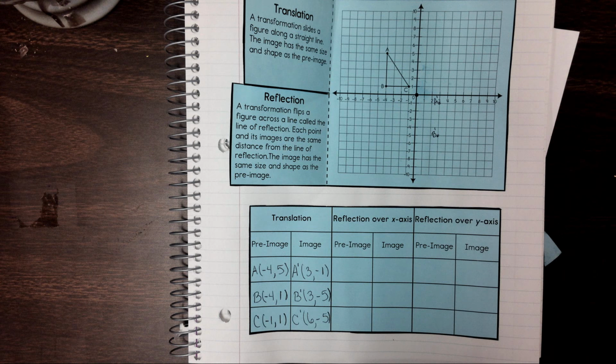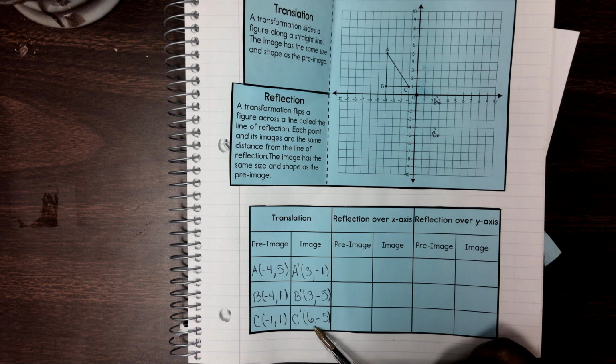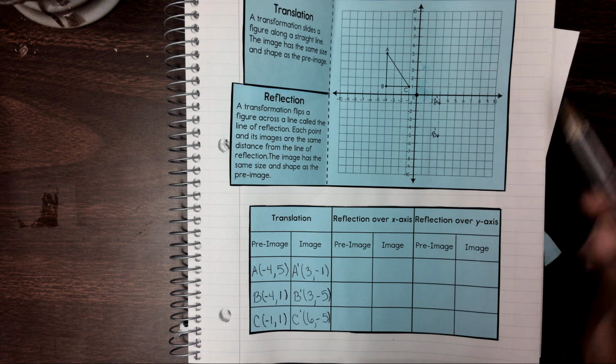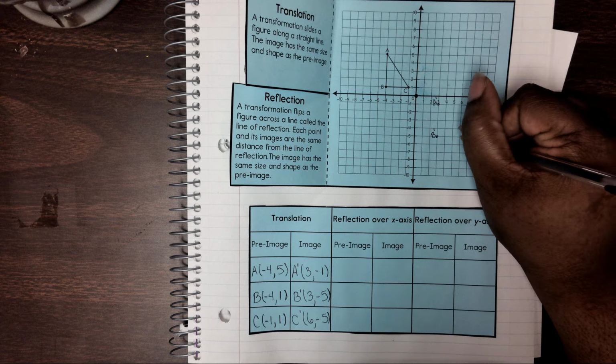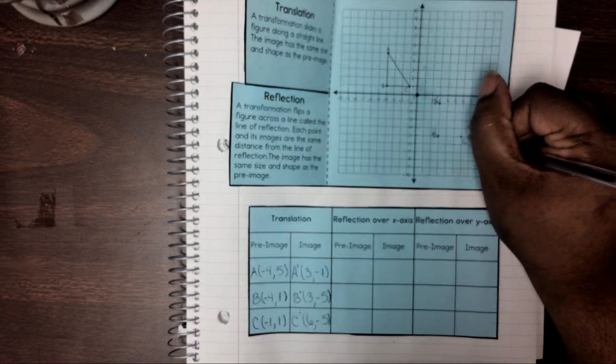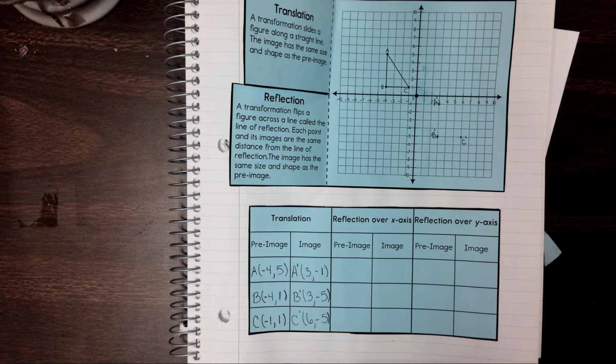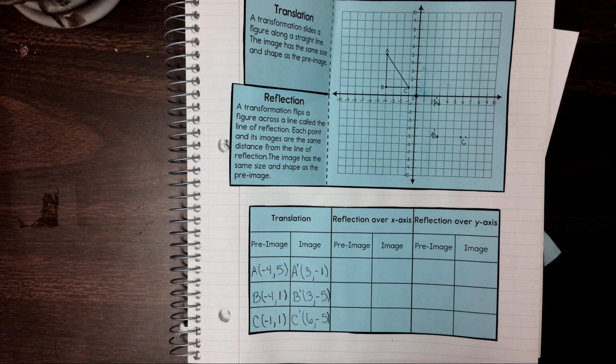C prime is at positive 6, negative 5. So positive 6 down to a negative 5. Again, it's C prime. And after you have all of your points plotted, what you're going to do is you are going to connect your points to create your triangle.